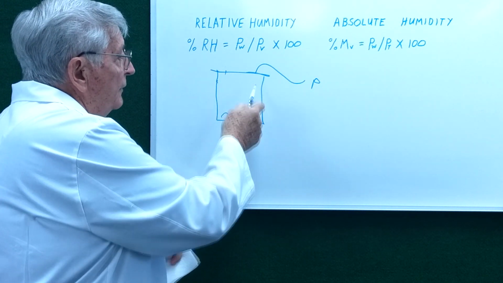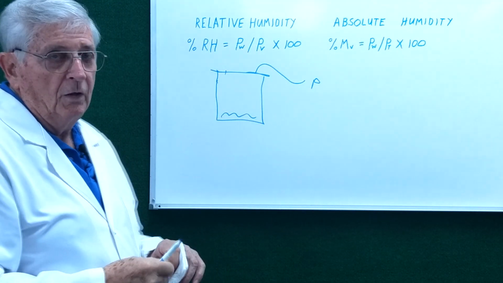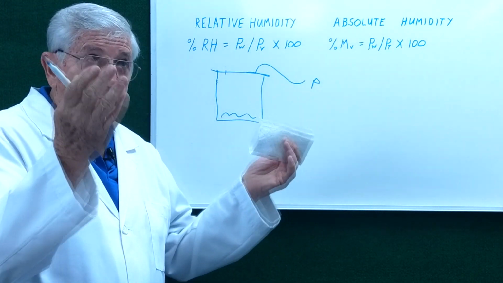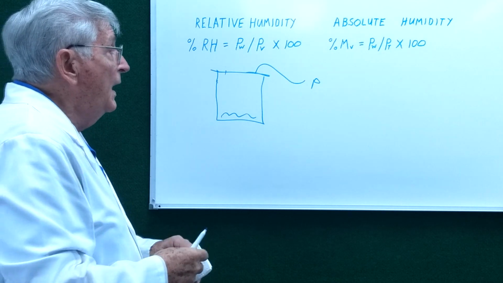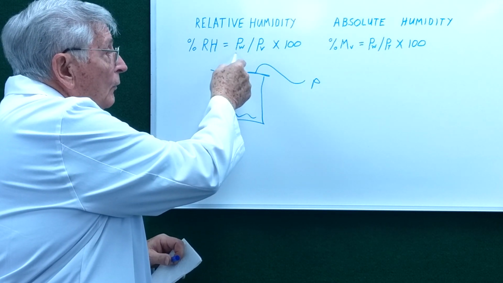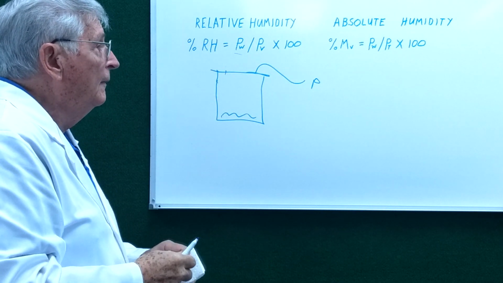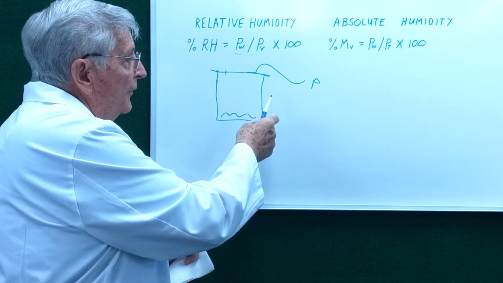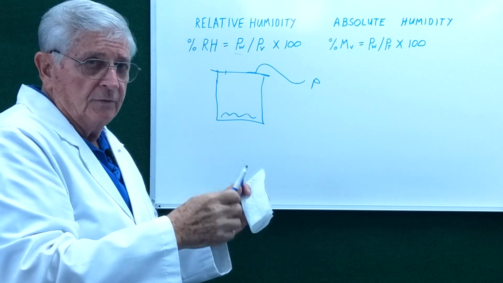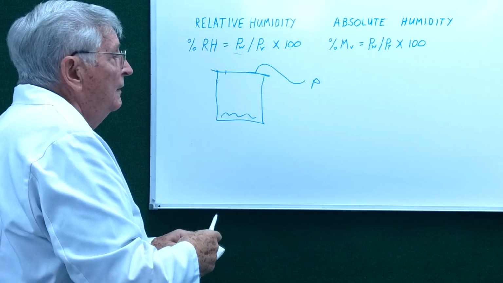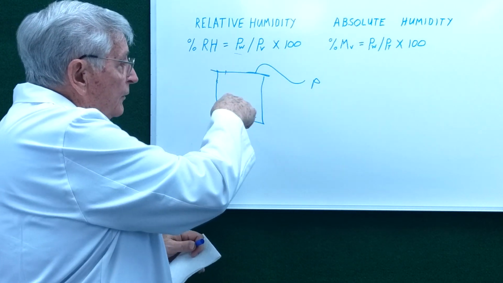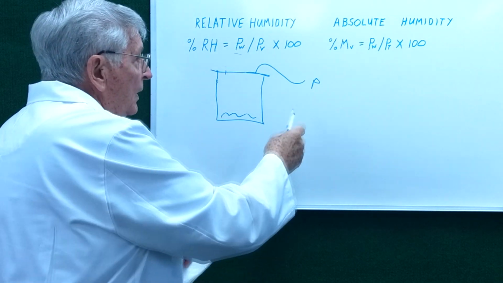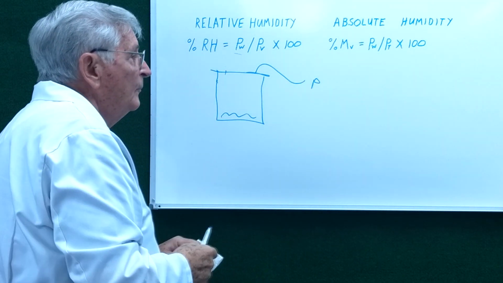When we started, the jar originally was open to atmosphere, so it already had some water vapor in it. By the way, everything was at the same temperature. After we squirted water into the jar, the pressure went up.